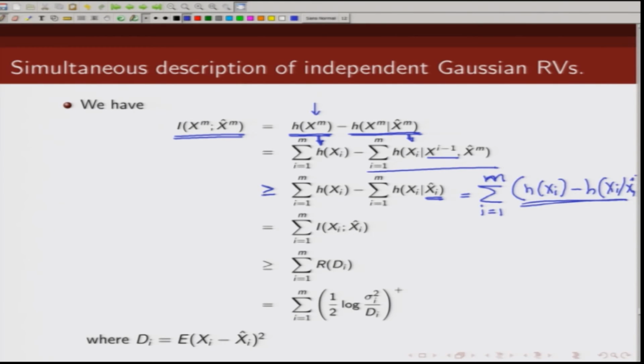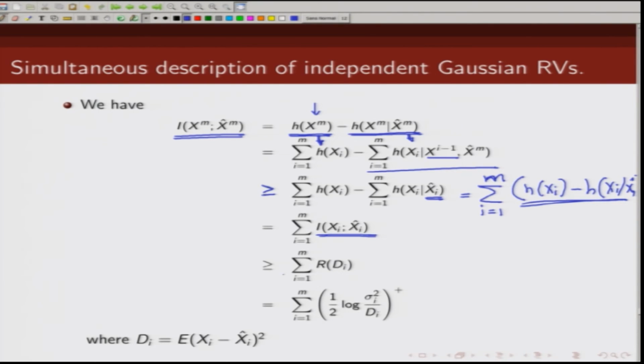From the definition of mutual information, this is the mutual information between xi and x hat i. So the mutual information between the sequence x^m and x hat of m is lower bounded by the sum over i going from 1 to m of the mutual information between xi and x hat i.